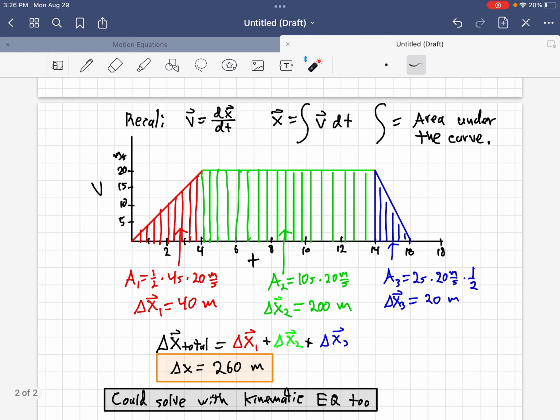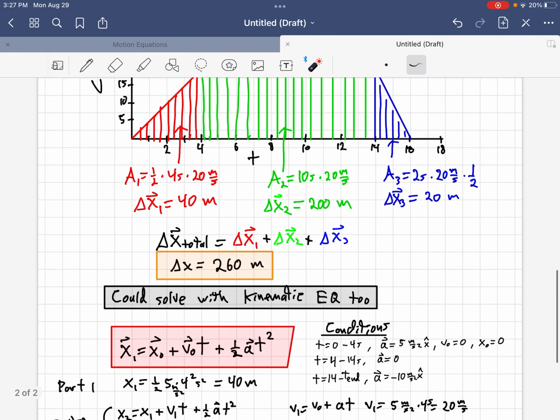And over this portion, this is another triangle, so the area under this curve is going to be the width times the height times 1/2. So over this portion, we continue to move forward 20 meters by the time we reach a stopping point.